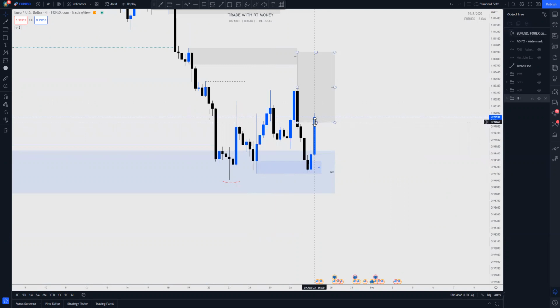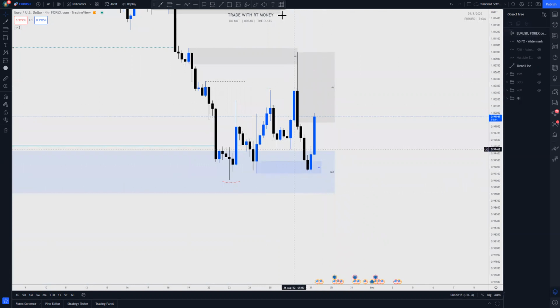Now, this is something to make a mark of. We have a weak low. Inherently, all lows in a downtrend, in a bearish market, can be considered weak and will be attacked for liquidity until the trend ends. We're looking for evidence that either the pullback is over, or that we're going to continue bearishly.